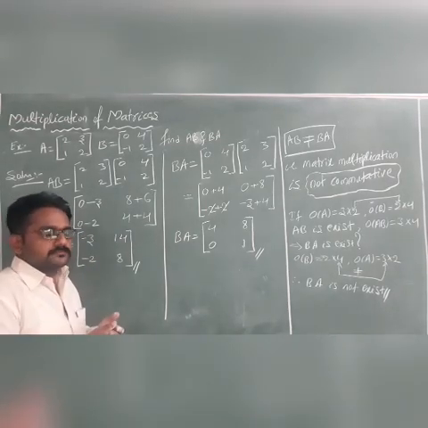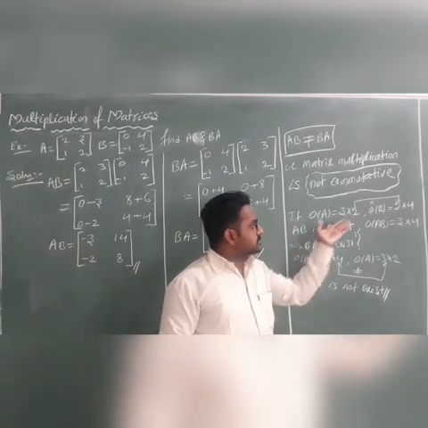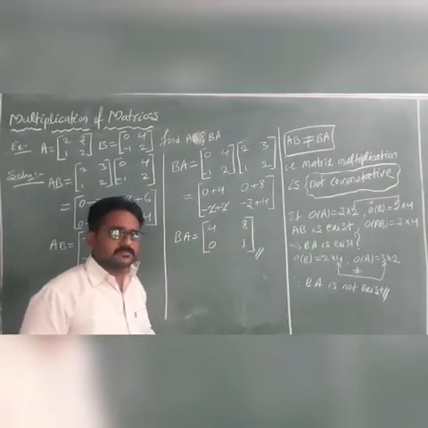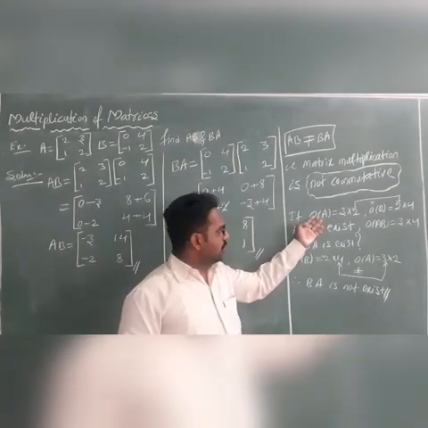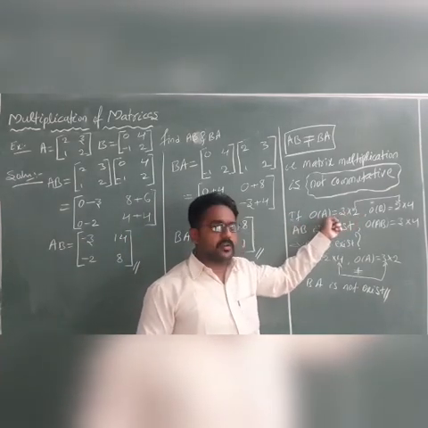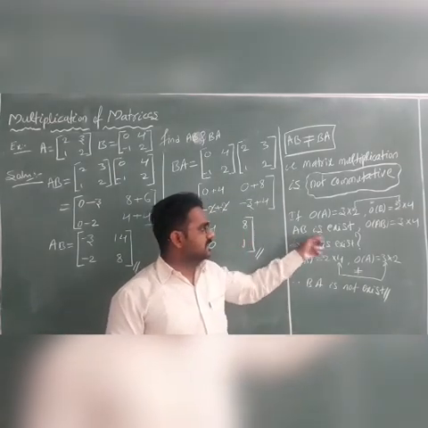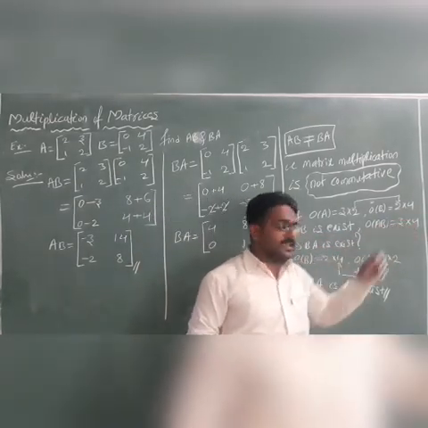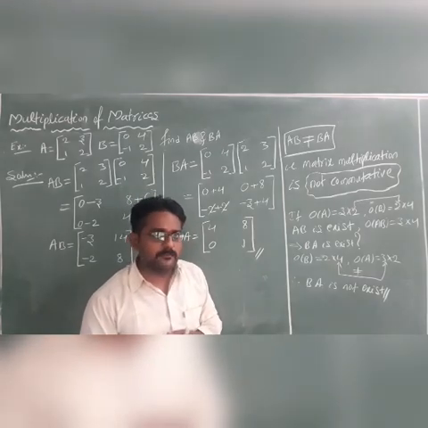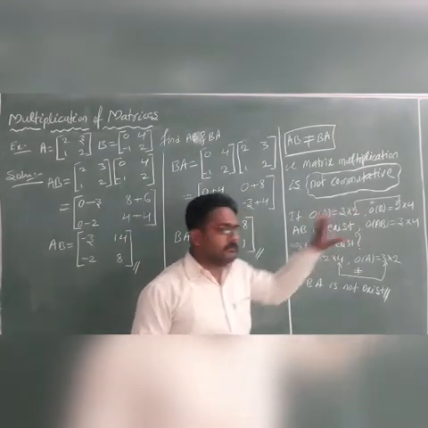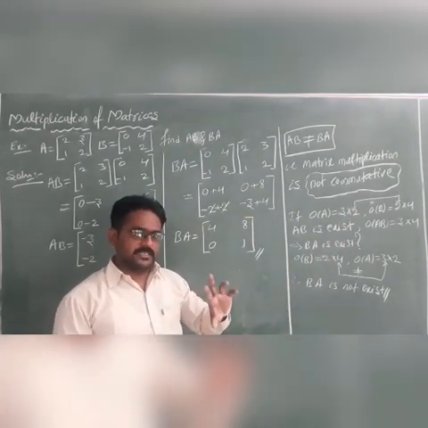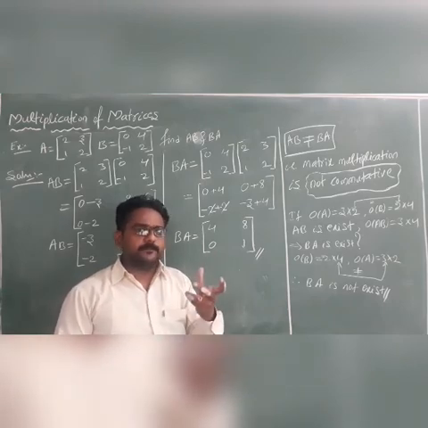And furthermore, AB exists for certain orders of matrices. I have given the example here. If the order of A is 3 by 2 and the order of B is 2 by 4, then AB exists with order 3 by 4. Yes, it is possible. Next, I took the same example for the product BA.